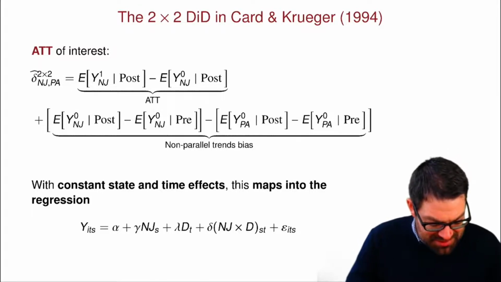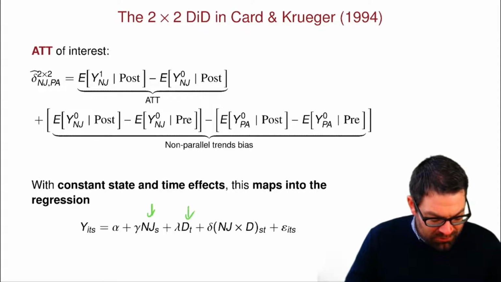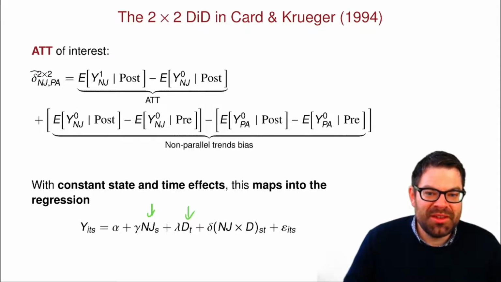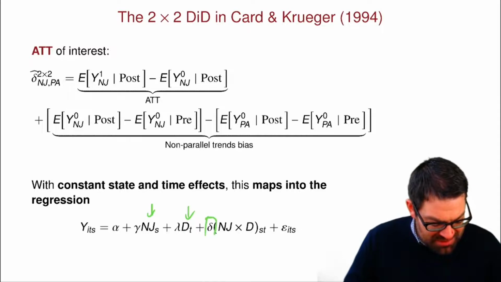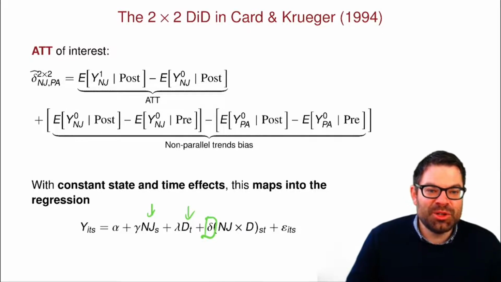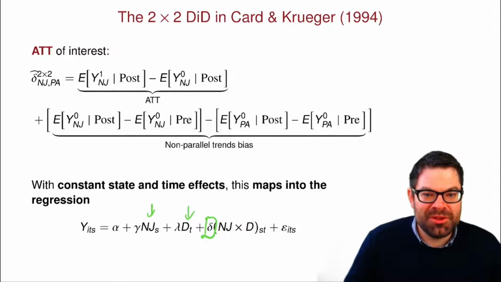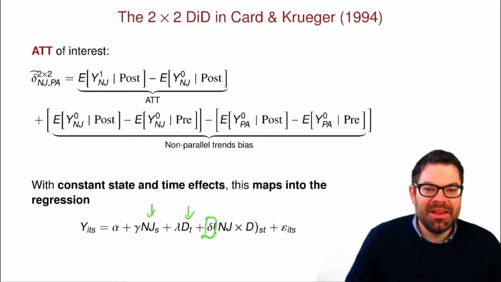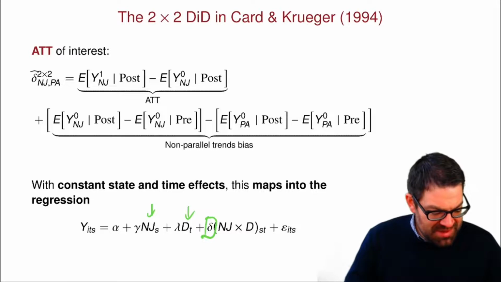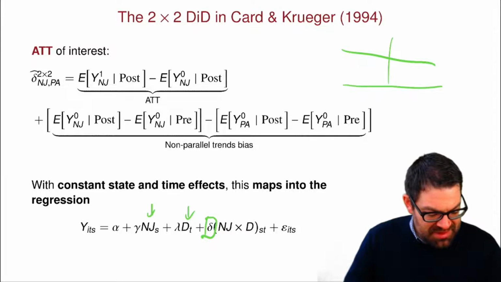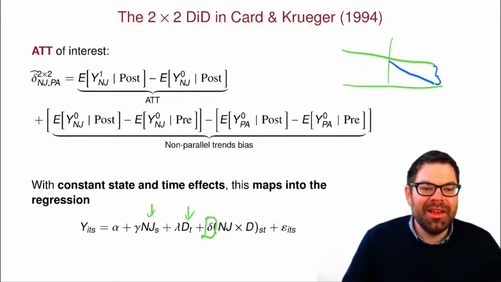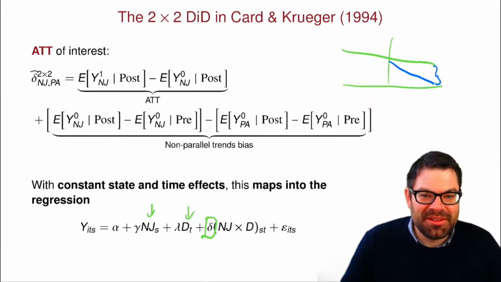But the basic idea is here we control for dummies for whether you are in New Jersey or Pennsylvania, and then your 2x2 estimator is the coefficient of that interaction, which is 1 if you are in New Jersey and after the introduction of the minimum wage, right? And so that interaction term gives you exactly that difference in difference that you're looking for.